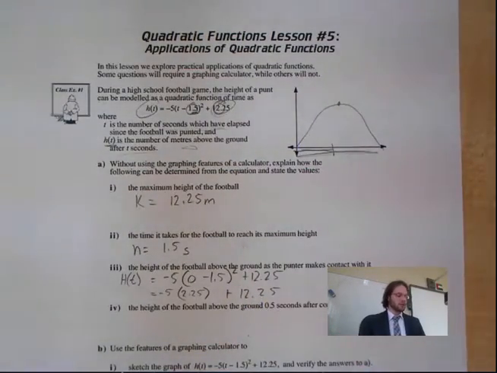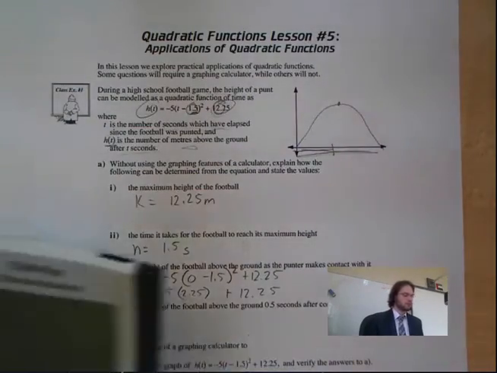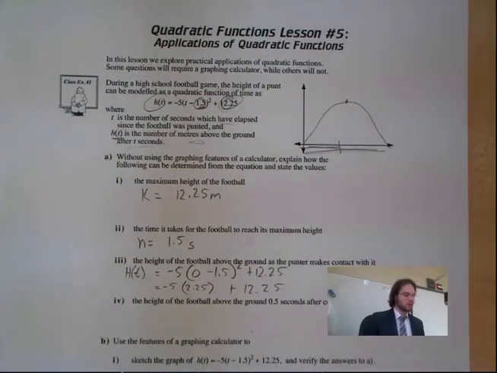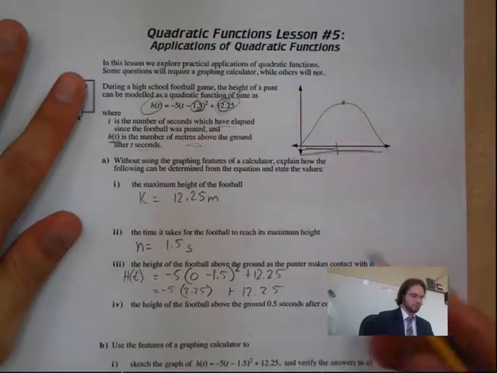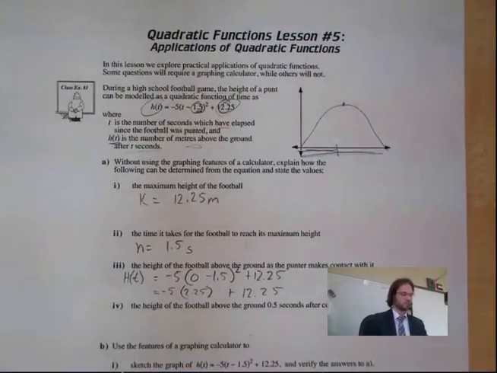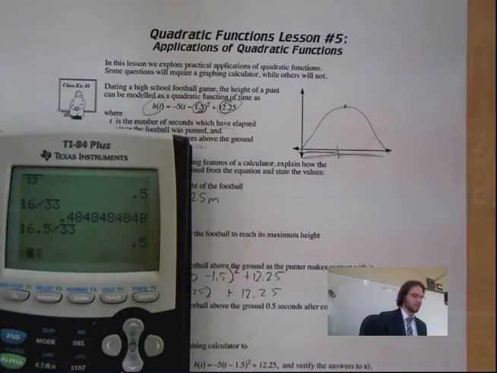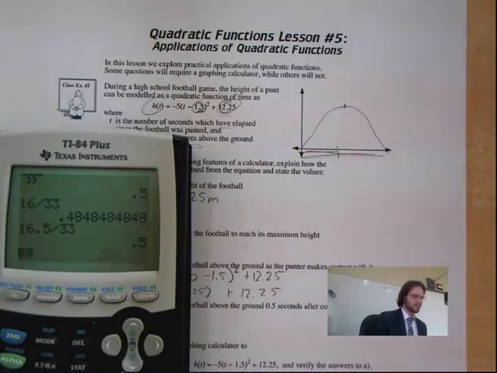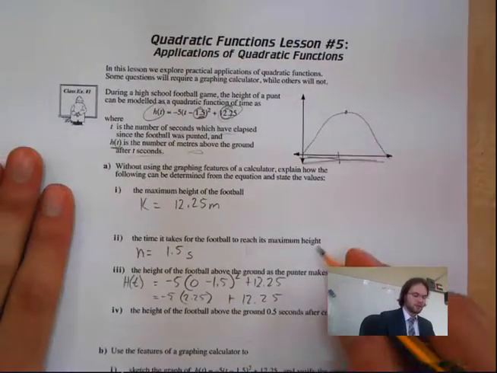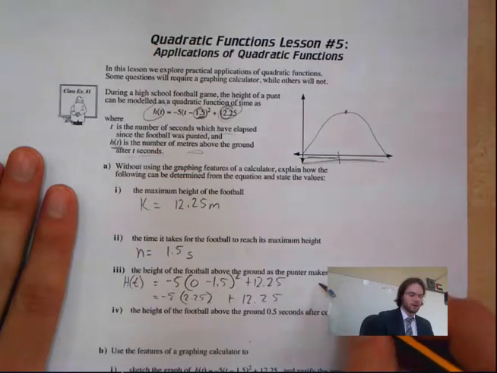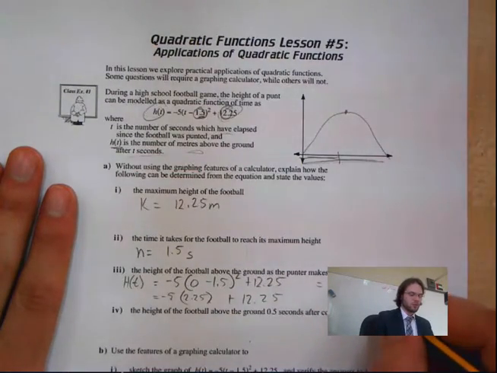So -5 times 2.25 is going to end up giving me -11.25.